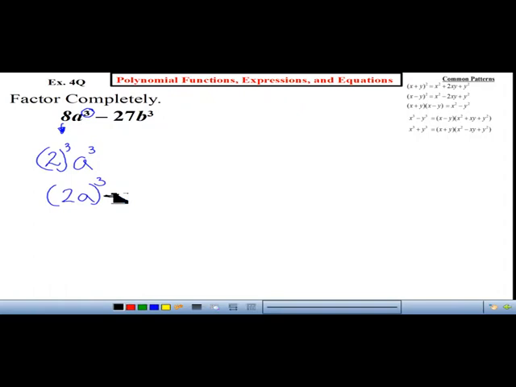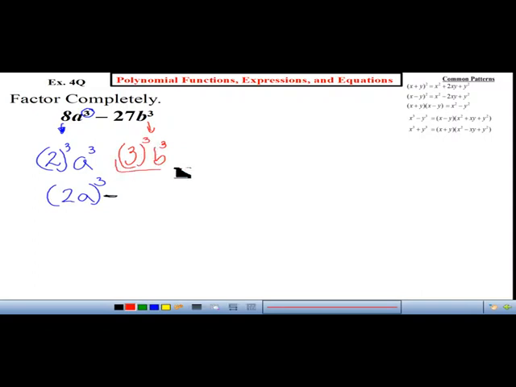All right, let's see. Alberto, help me out with the second one. b cubed stays the same, yeah? How can I rewrite the 27? 3 to the 3, cube.